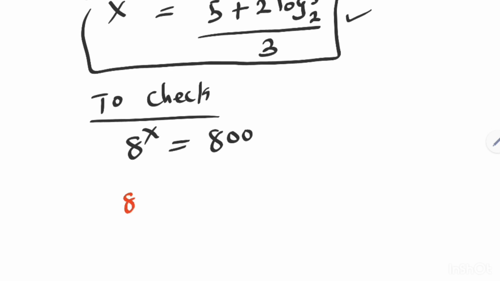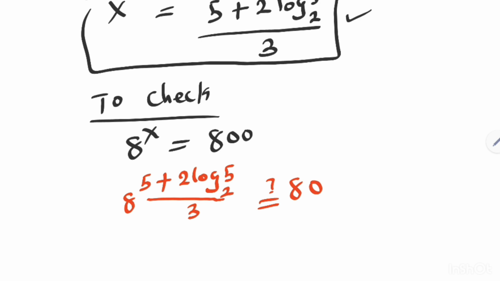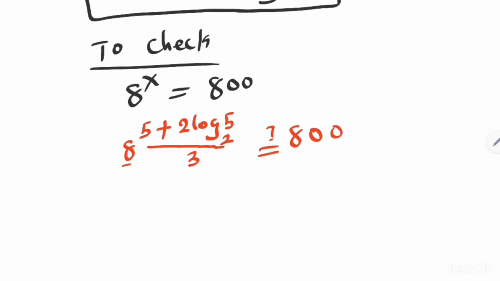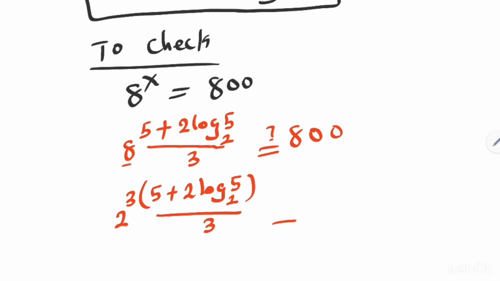Then 8 raised to power x, which is (5 plus 2 log 5 base 2) over 3, must be equal to 800. 8 can be written as 2 raised to power 3, bracket, the power of (5 plus 2 log 5 base 2) over 3, must be equal to 800.